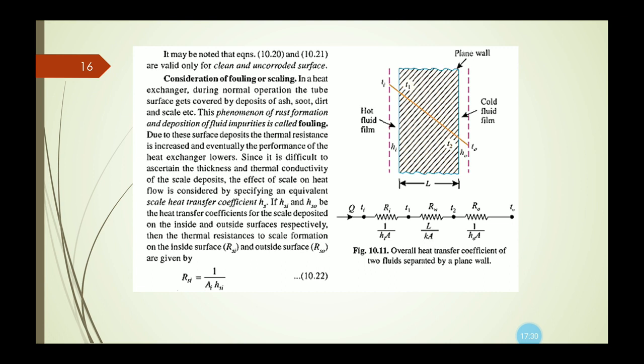Now due to these surface deposits, the thermal resistance is increased, and in that case the performance of the heat exchanger decreases due to the formation of these different kinds of deposits.